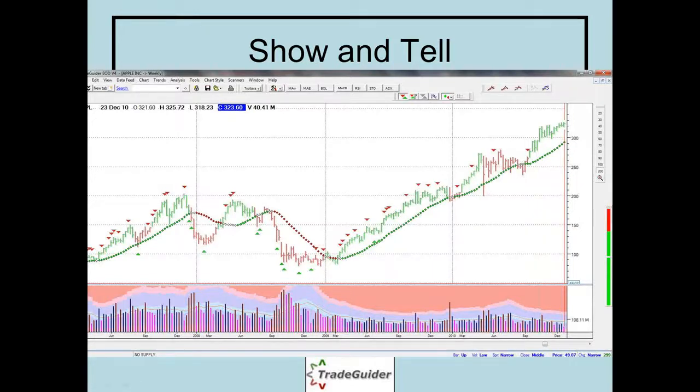But notice that the volume goes down as it keeps testing. That's really important because it's the final test, or no supply. It essentially means that the smart money has stopped buying or stopped accumulating.